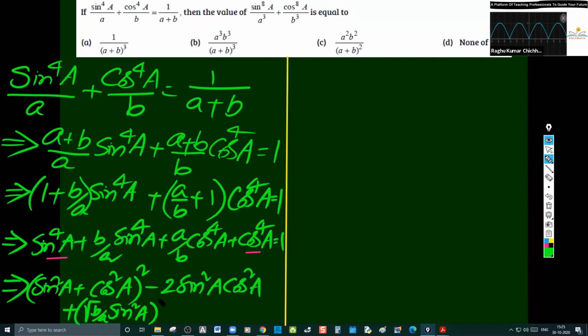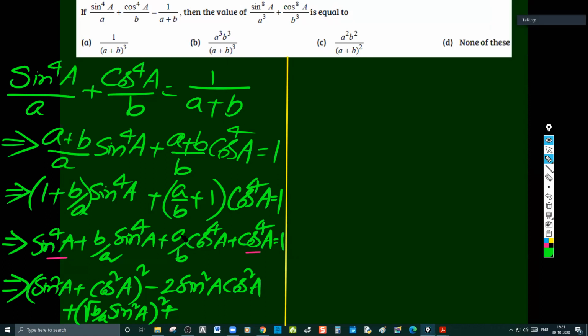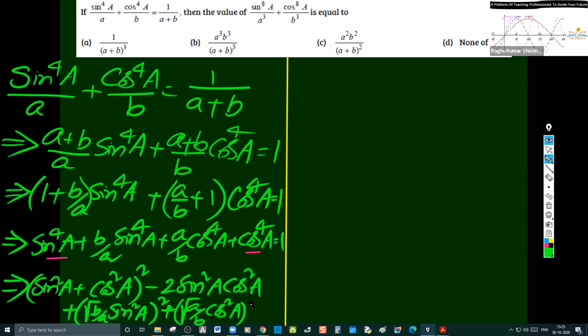If you understand what I wrote here, root B by A sine square A whole square, come on, tell me how to write this term then. Root of A by B cos square A whole square is equal to what? 1. Already there, 1 is already there.